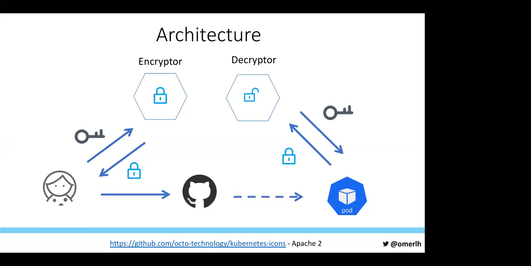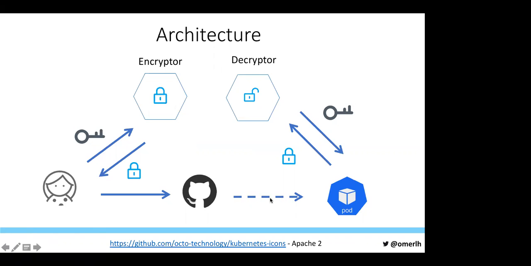Let's go quickly over the architecture of Camus, and then I'll do the demo. So Camus is composed of two components. We have the encryptor API and the crypto API. The user talks with the encryptor, sends it the sensitive data that she wants to encrypt, and gets back something that is encrypted, and this encrypted data she can put on GitHub or wherever.